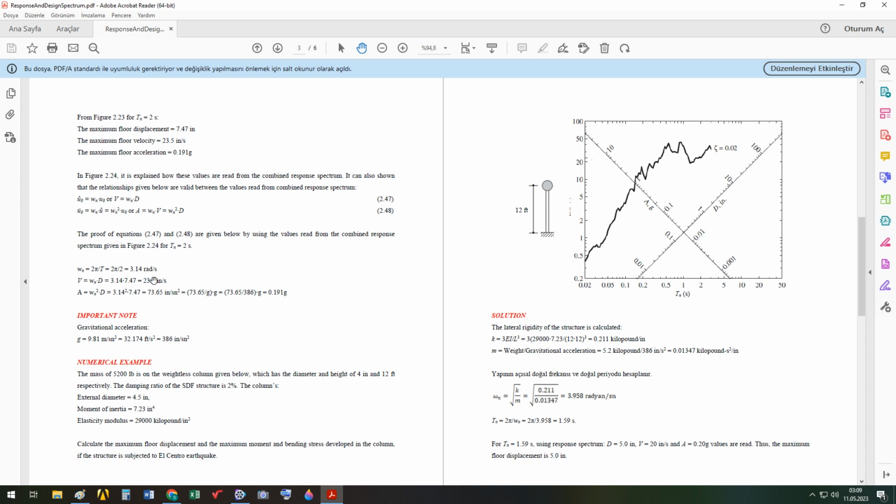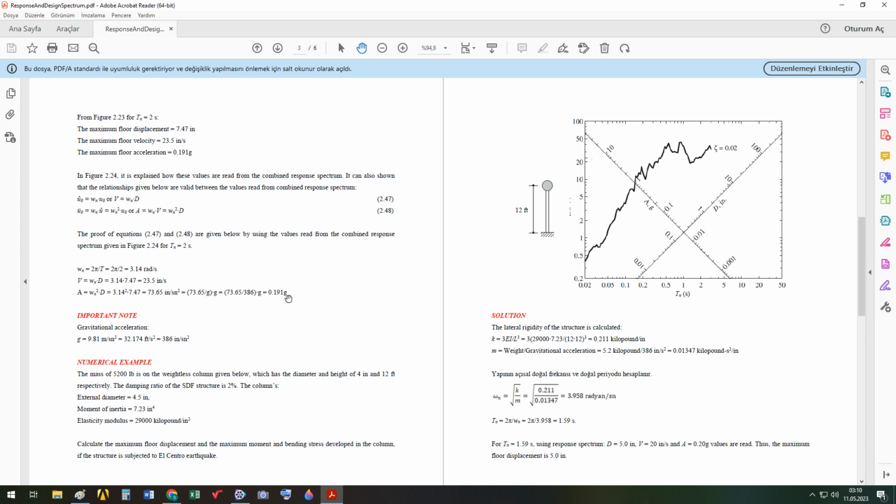And if I multiply the maximum floor velocity again with omega n, I will obtain the maximum floor acceleration. Or if I multiply the maximum floor displacement with omega n square, I will obtain the maximum floor acceleration.